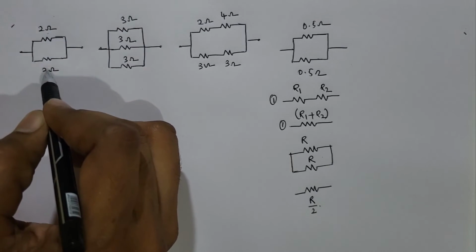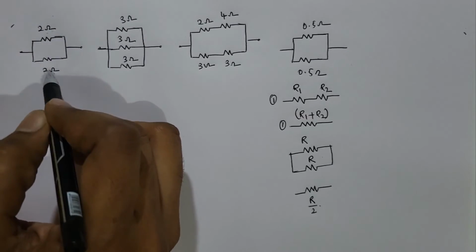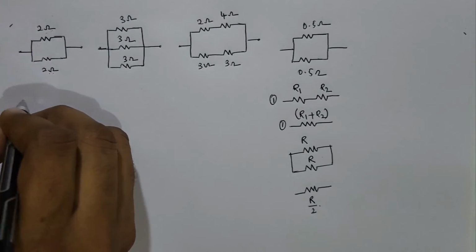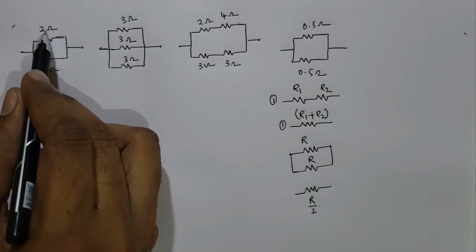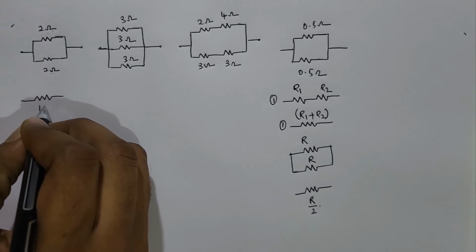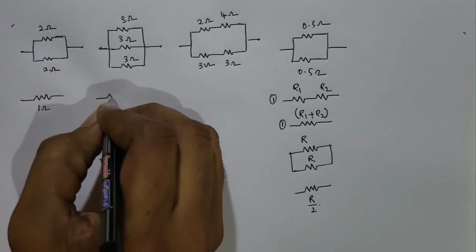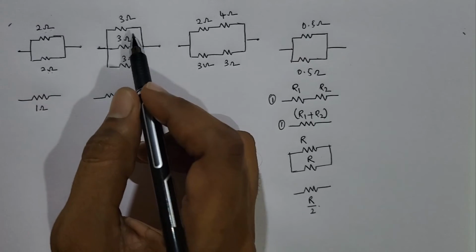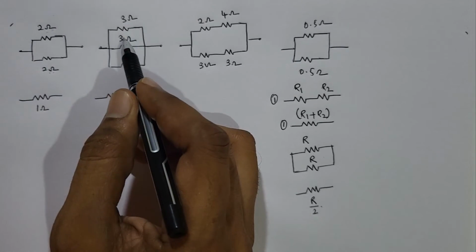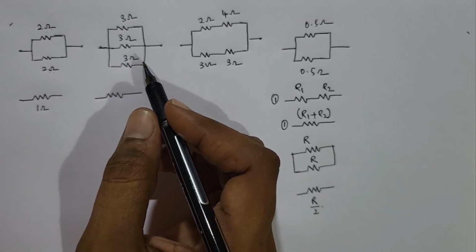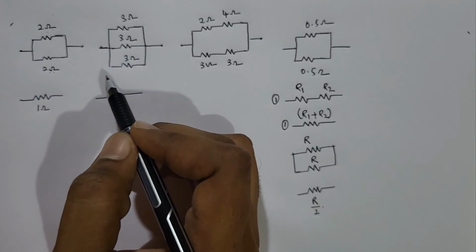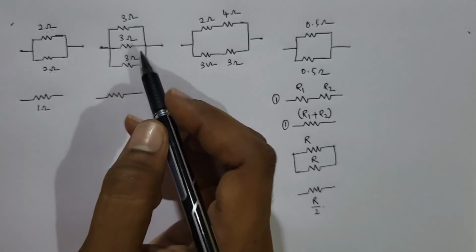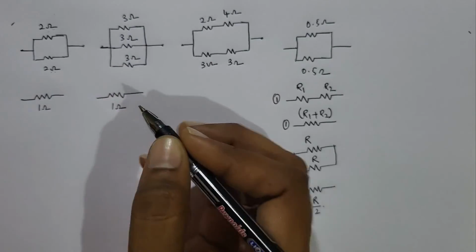Okay, so now come to this question. Here 2 ohms, 2 ohms, two equal resistances are connected in parallel. So the equivalent resistance will be R by 2, means 2 divided by 2. It is going to be 1 ohm. And here, three resistances of equal value are connected in parallel. Equivalent resistance will be R divided by 3, means 3 divided by 3, it is going to be 1 ohm.